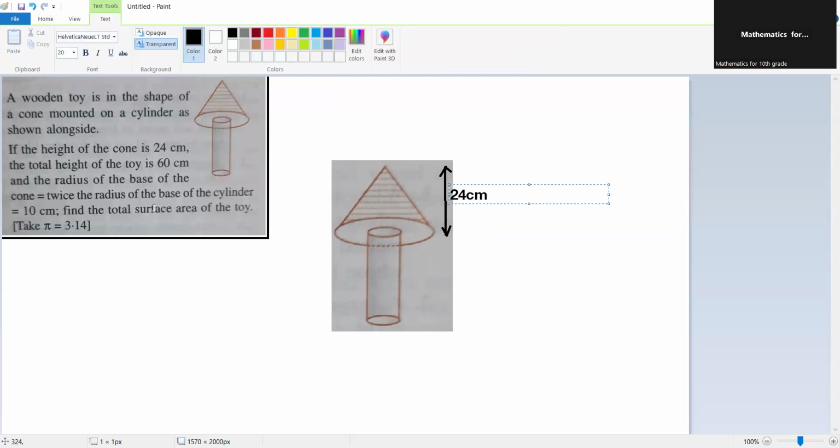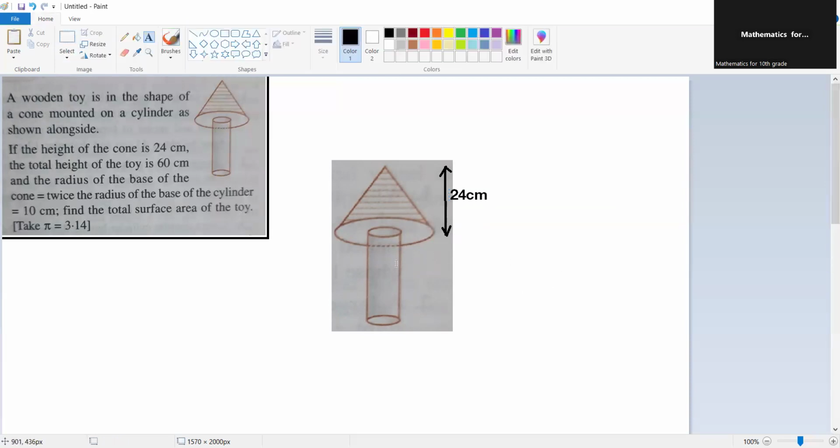The total height of the toy is 60 centimeter. So which means the height of the cylinder would be 60 minus 24, which is 36 centimeters.